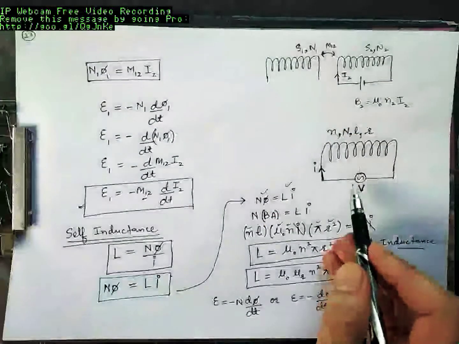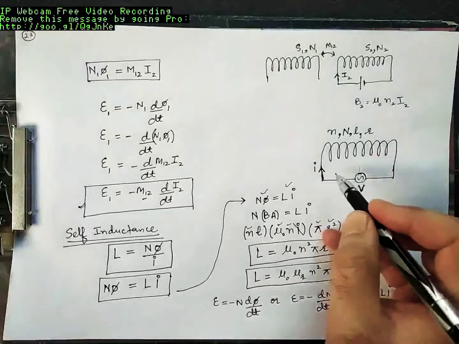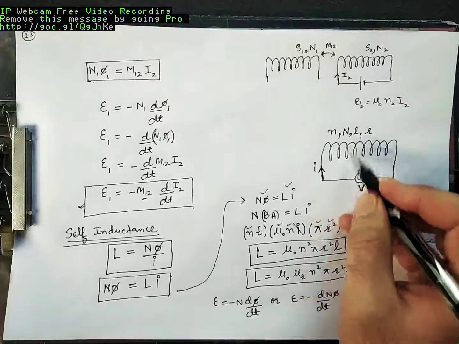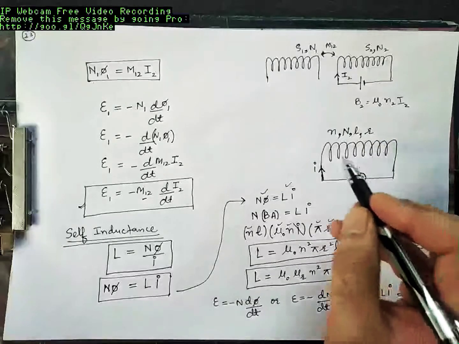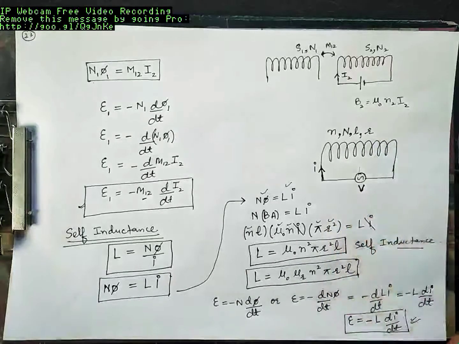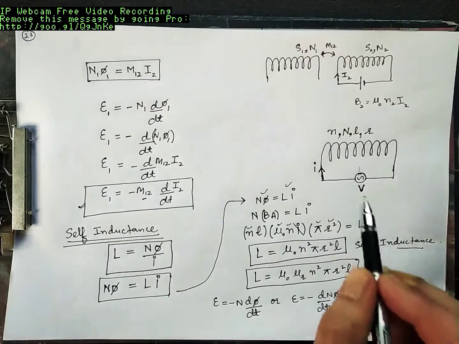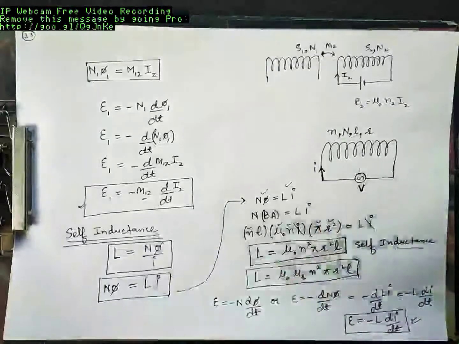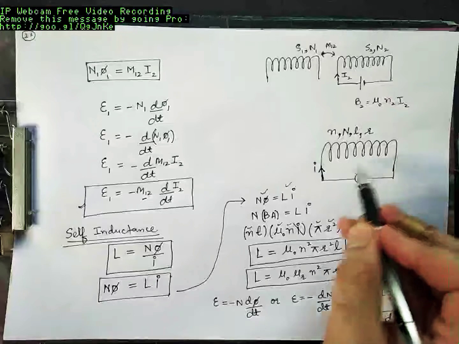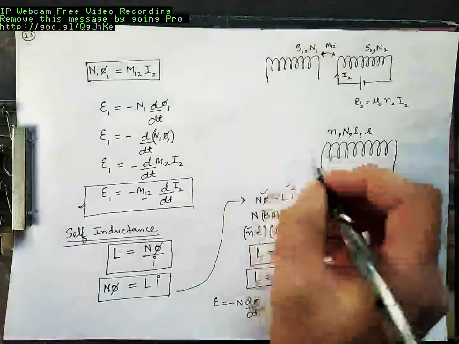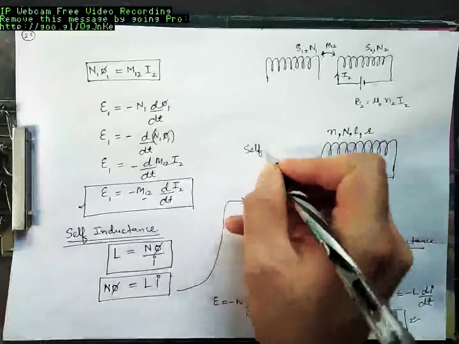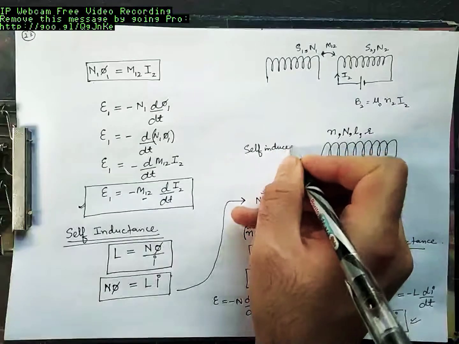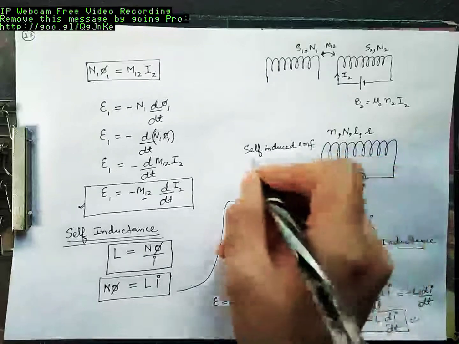But here, current is changing or flux is changing through the same coil, and the same coil has a voltage induced across it. That is why this inductance is known as self-inductance, and the voltage induced here in this coil is known as self-induced EMF.